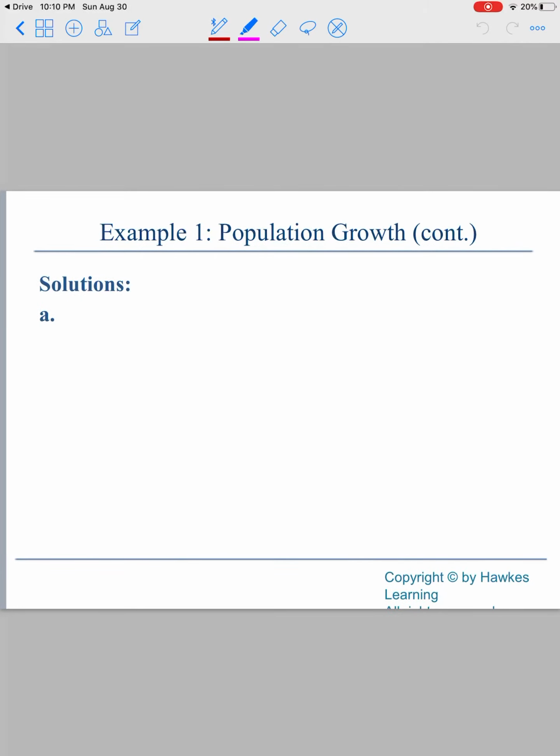So first, we're going to come up with the exponential function for this scenario. We've got P of T. That stands for my population at a certain time.